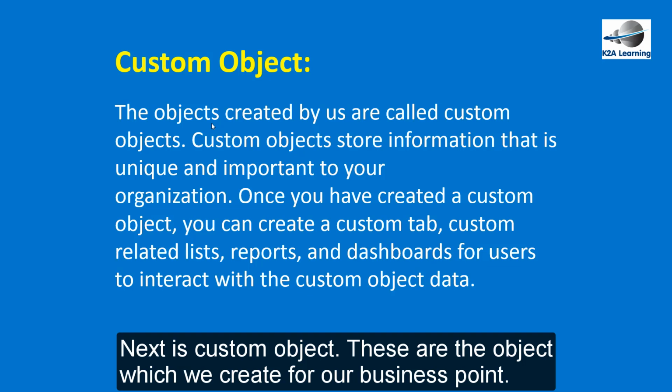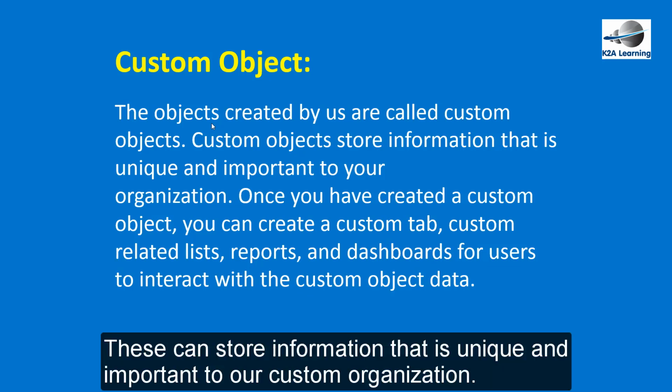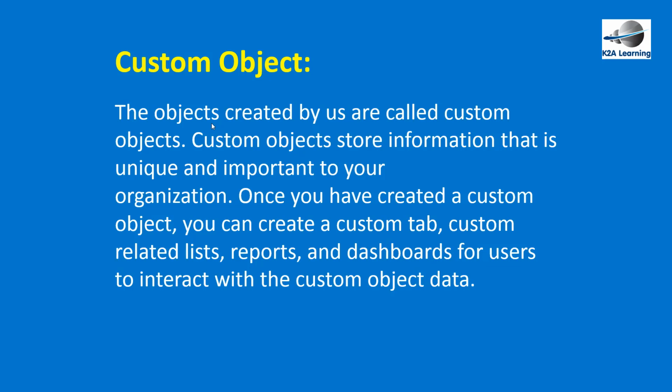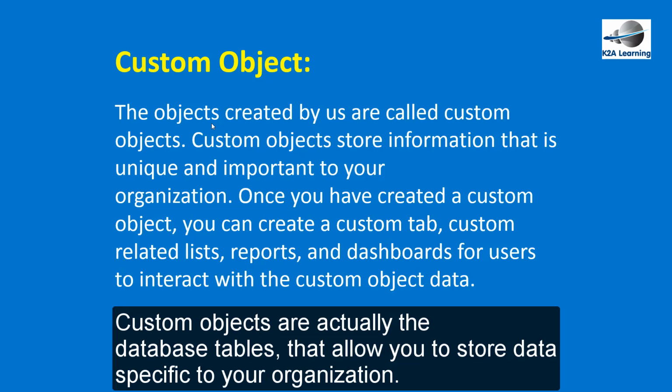Next is custom object. These are the objects which we create for our business needs. These can store information that is unique and important to our organization. Custom objects are actually database tables that allow you to store data specific to your organization.